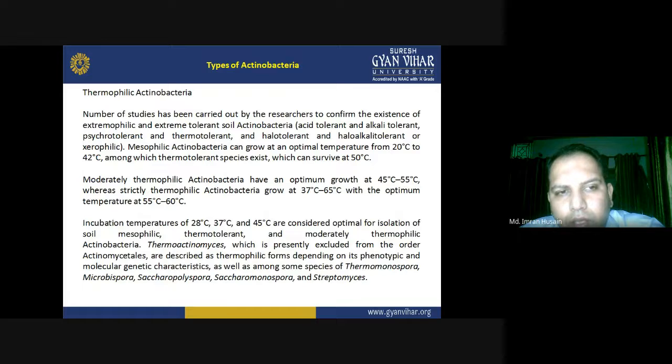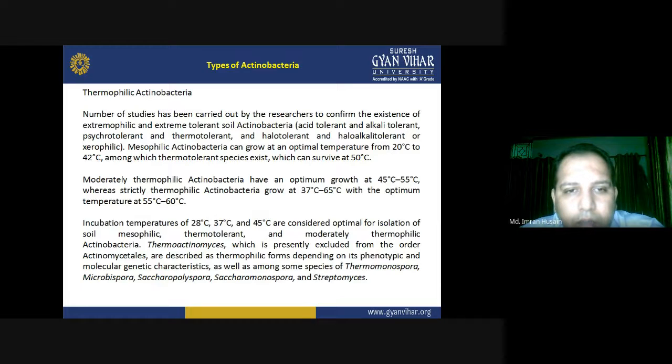Thermophilic actinobacteria. A number of studies have been carried out by researchers to confirm the existence of extremophilic and extreme-tolerant soil actinobacteria that are acid tolerant and alkali tolerant, psychrotolerant and thermotolerant, and halotolerant and haloalkalitolerant, or xerophilic in nature.